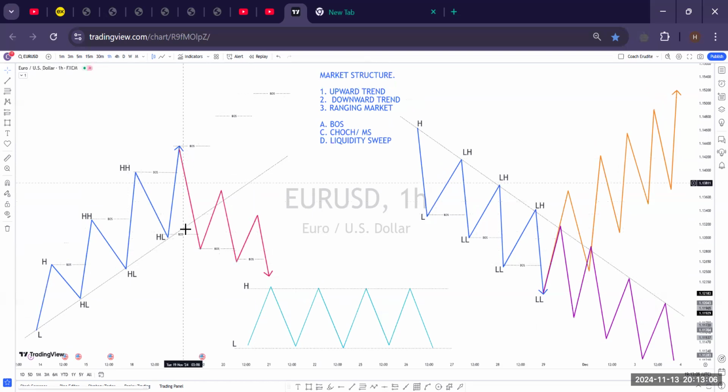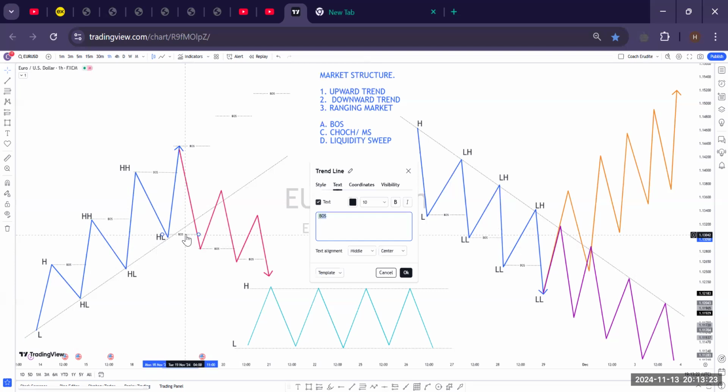Now, price breaks the trend line and does what? Sweeps your higher low. It means it's a sign that price is trying to change direction. Now, a scenario where price breaks your higher low and never continues in the original direction and creates a lower low, lower high, lower low, lower high.